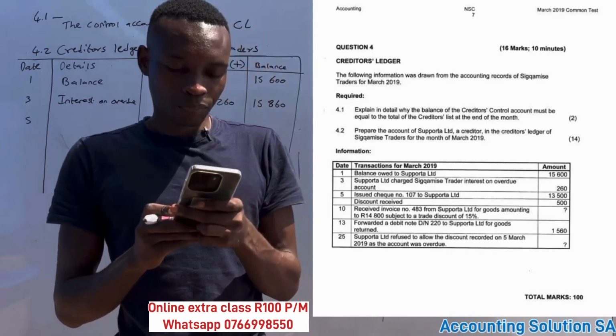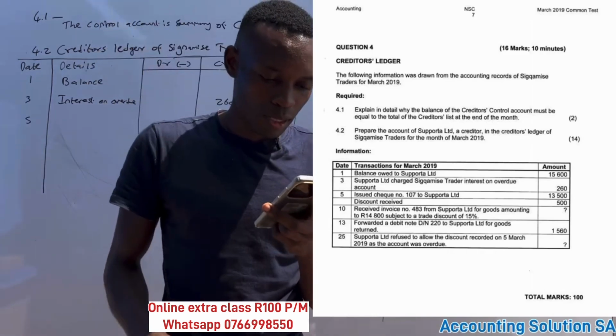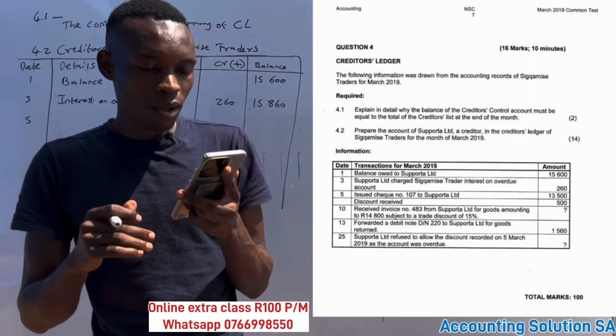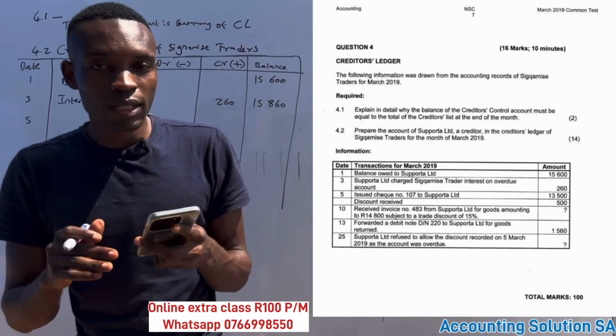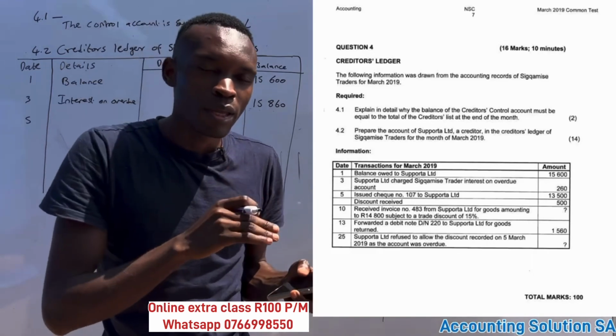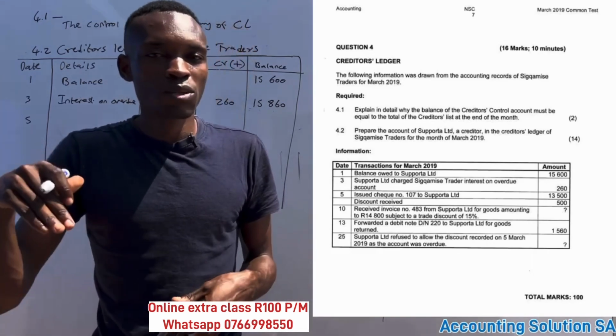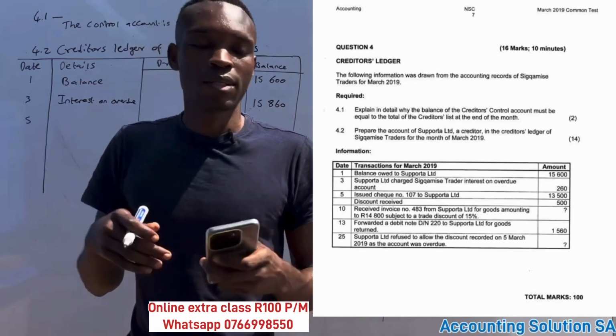Now let's proceed. Issued a check number 107 to Support Ltd. If we issued a check, it simply means that we have paid. If we receive an invoice, we took something on credit, and it's going to increase liability. Simple.